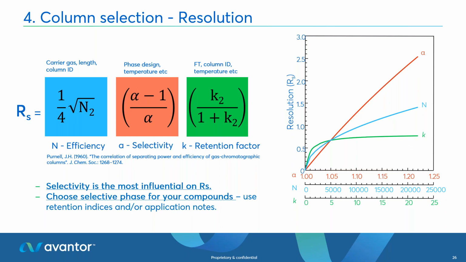This is a bit of a difficult one if you have already got the column phase, because you may have to run some experiments and actually have a look. You may have some practical data that you can use, but if you've not purchased the column and you're not sure, this is where researching application notes and looking at retention indexes is really helpful, because the evidence is there and there's lots of information out there to help you choose the most appropriate column.